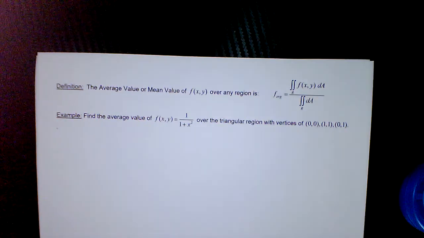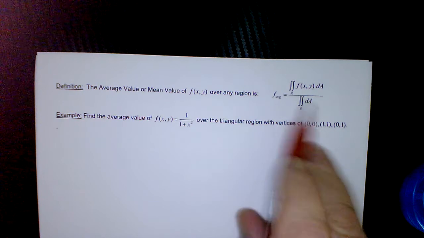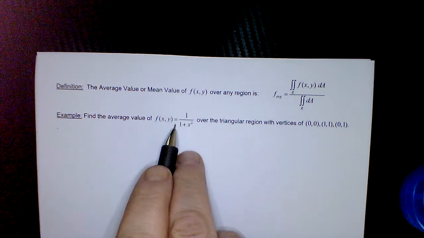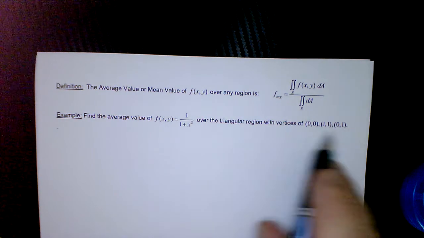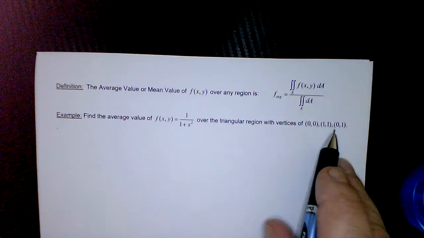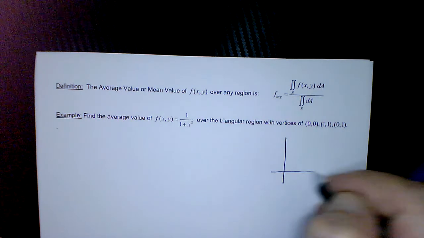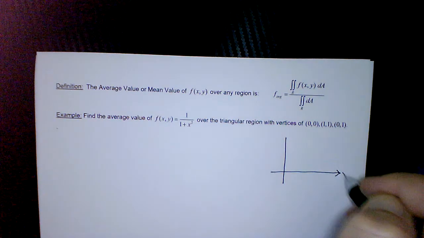Remember, the average value is really the volume over the area, okay? And they tell us that we want to find the average value of this function over the triangular region with these vertices. So let's make a sketch of that region.